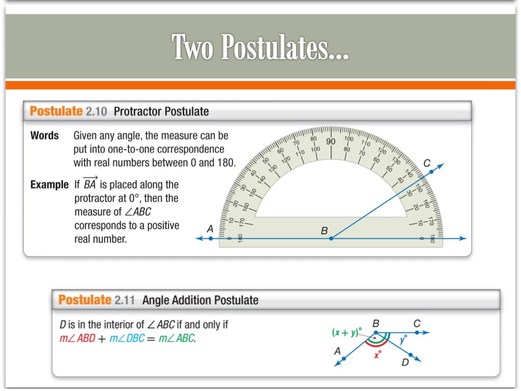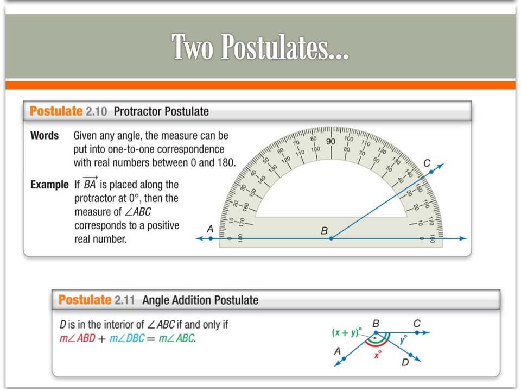Here we have the protractor postulate and the angle addition postulate. The protractor postulate just says that given any angle, the measure can be put in one-to-one correspondence with a real number between 0 and 180, talking about angle measurements. The angle addition postulate, please pay close attention to that.